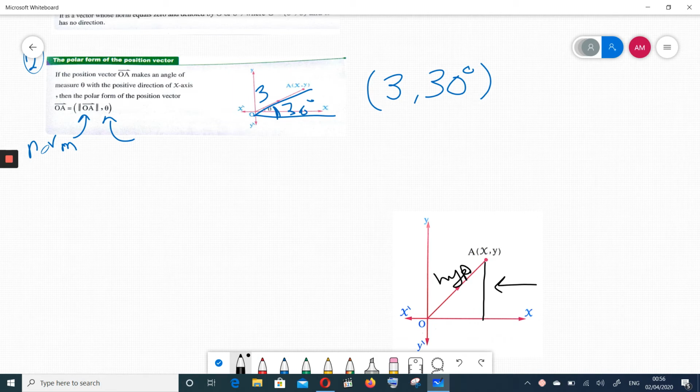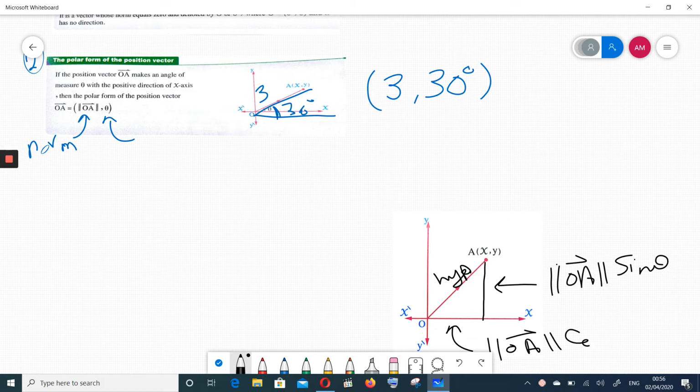So this is the norm of OA times sine theta. And this part is the norm of this vector times cosine theta. So this is the value of y and this is the value of x.